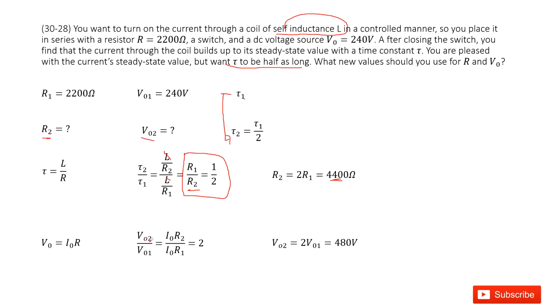For V02 over V01, the problem tells us the current in the steady state will not change. So I0 and I0 cancel. So this is equal to R2 over R1, which is just equal to 2, right? Very easily we can write V02 equal to 2 times V01, and then input V01 inside, and we get the answer.